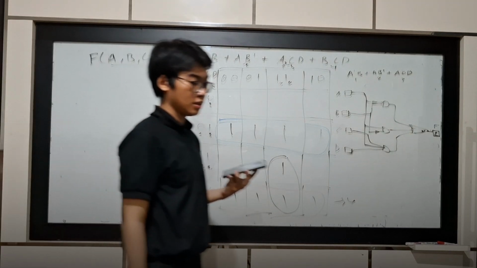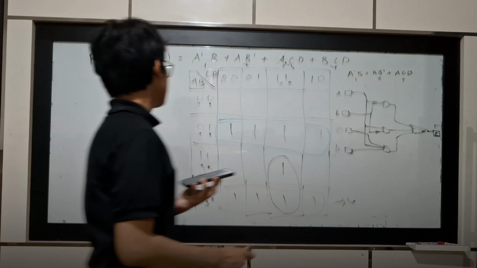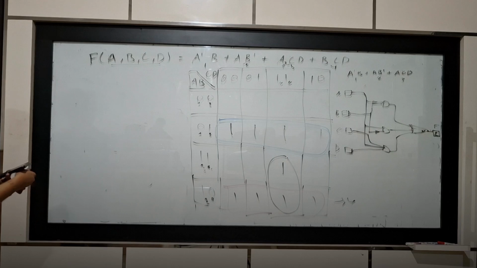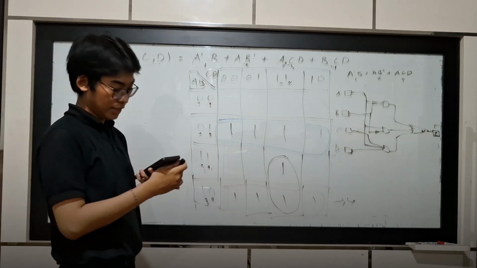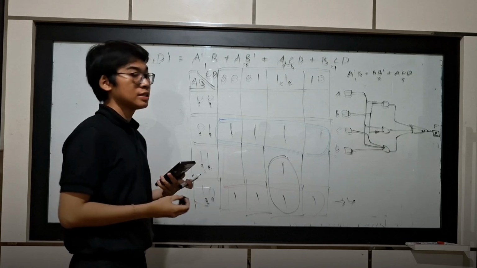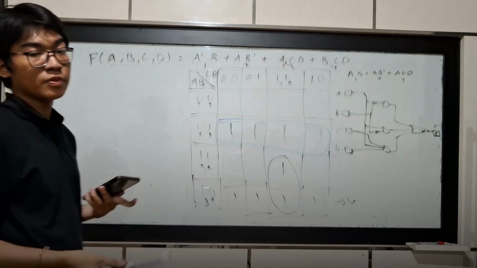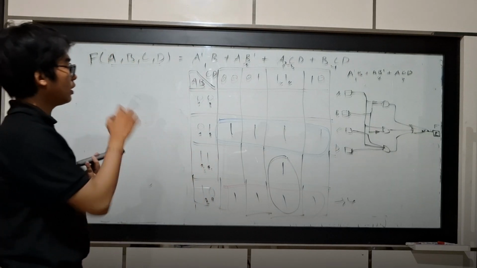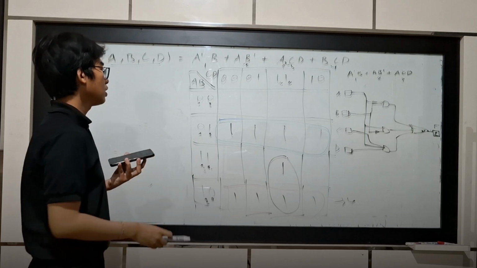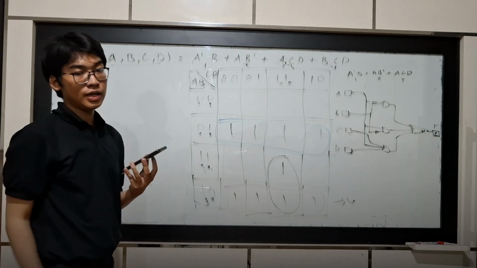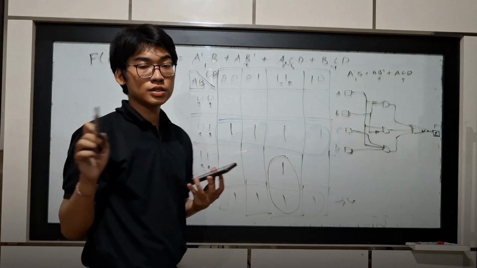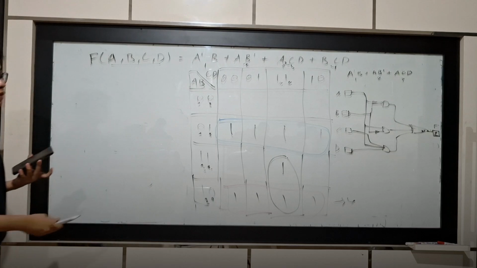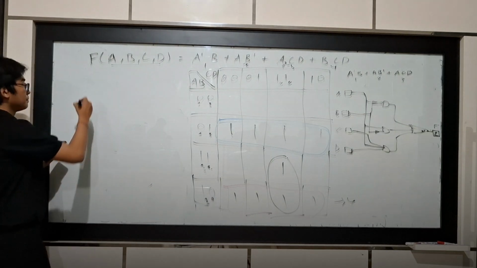I'm gonna make the truth table to prove that the problem and the simplification have the same result, meaning the simplification and the expression of F. So it means the simplification and the problem have the same truth table, and then it means this is verified.